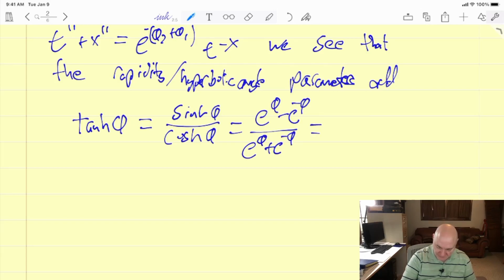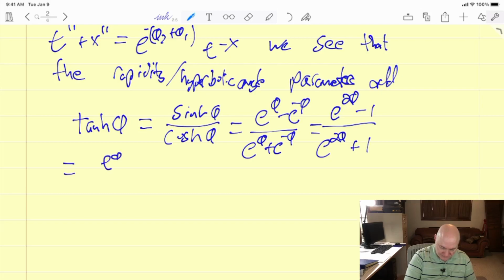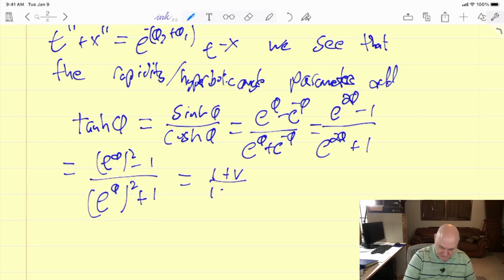Now multiply numerator and denominator by e to the phi. This will get rid of the square roots before we substitute. Now this is equal to e to the phi squared minus 1 over e to the phi squared plus 1. And now we substitute that previous equation.